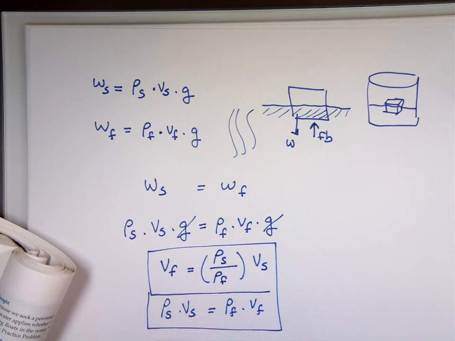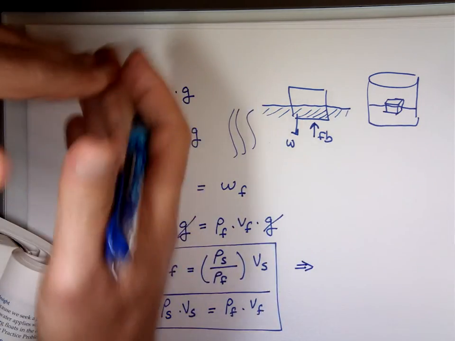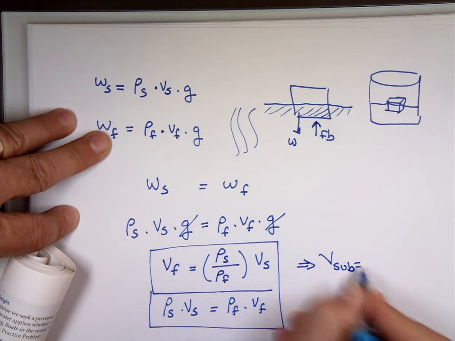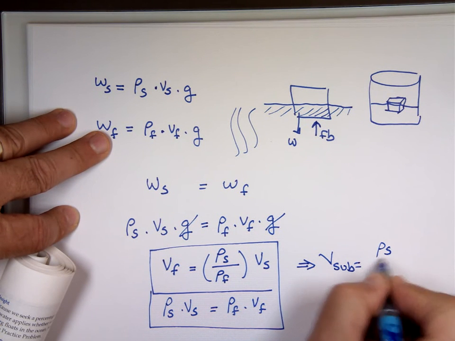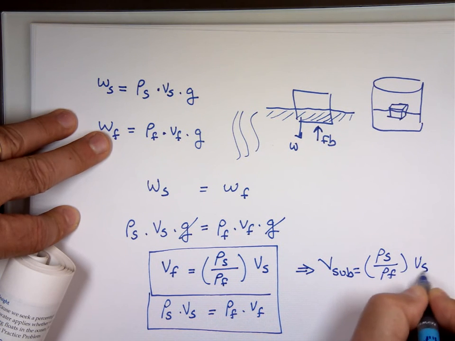So that equation a lot of times is written, because whatever goes in the water, that's how much water is going to come out. The volume of the submerged equals rho S over rho of the fluid times the volume of the solid.